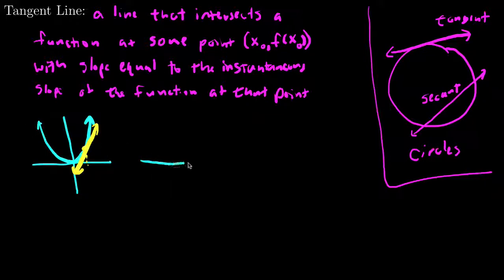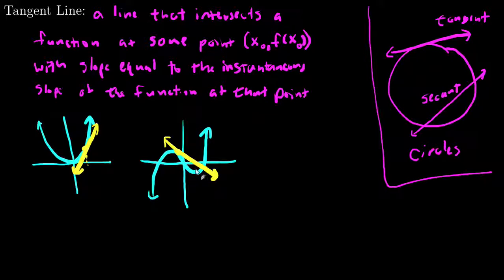But tangent lines don't need to follow all the rules we had for circles. So for instance, if I consider this cubic function, which I can get by doing x cubed minus some coefficient times x, a tangent line here will actually hit the curve in 2 places, and there's only one tangent line I can think of that would not, the tangent line here at this saddle point, at the origin in this case.